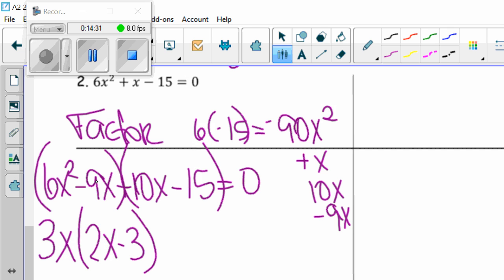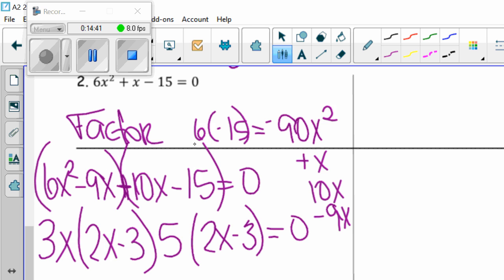Then 10x minus 15, I can pull a 5 out, and I'm left with 2x minus 3. Again, I got the exact same thing in parentheses, so I know I factored it right. So 2x minus 3, that's one factor. And I combine the GCFs I pulled out, 3x plus 5, that's my other factor, equals 0.